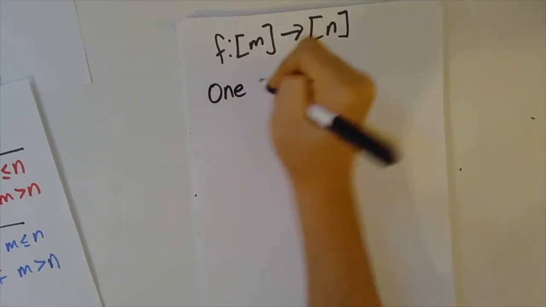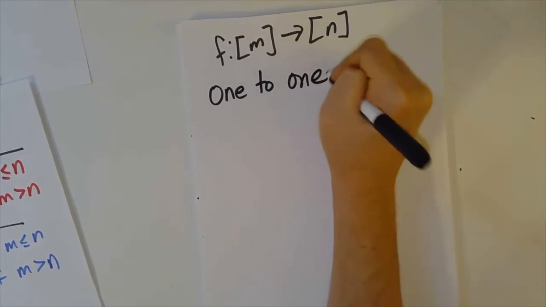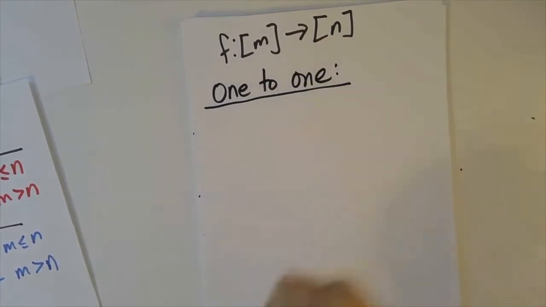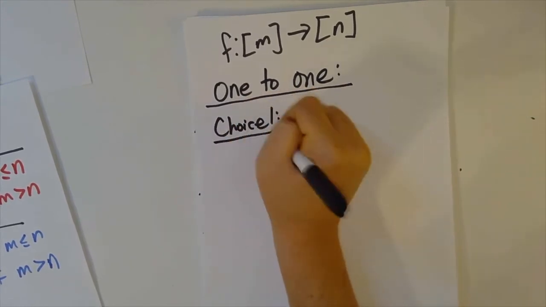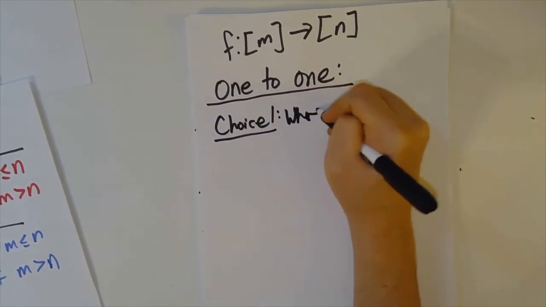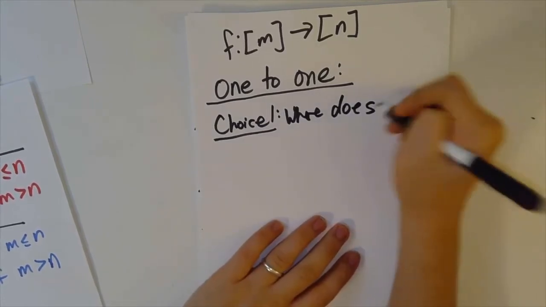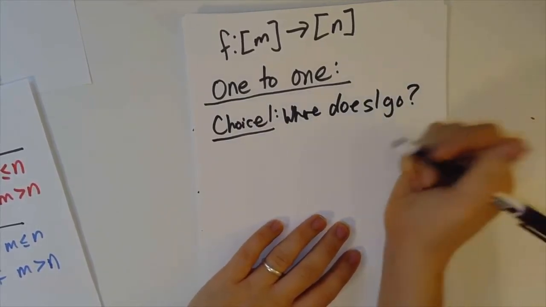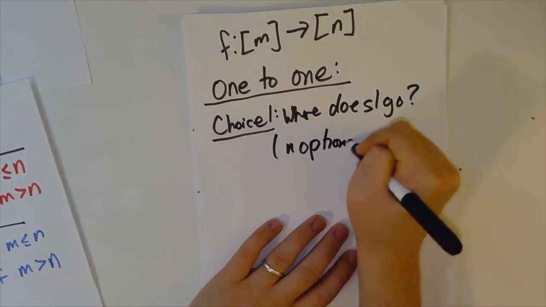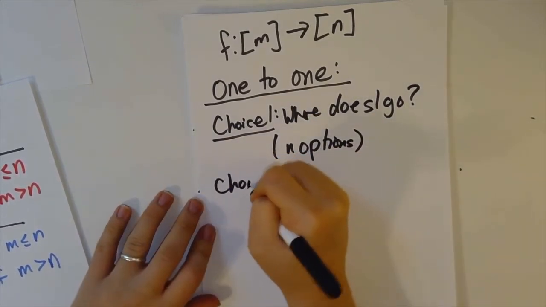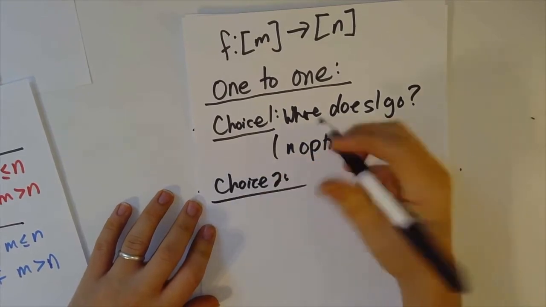Well, it looks like this. My first choice here is where does 1 go? And there are n options for that. And then choice 2 is where does 2 go?